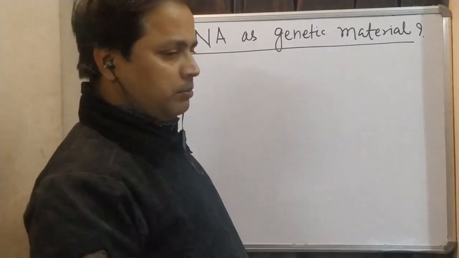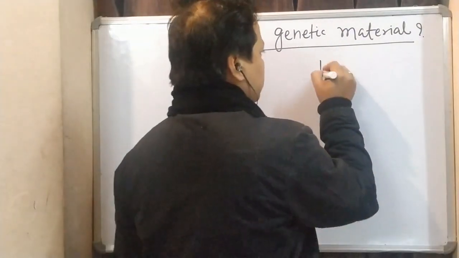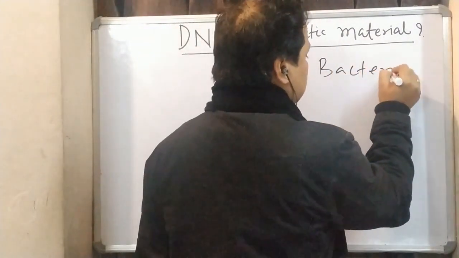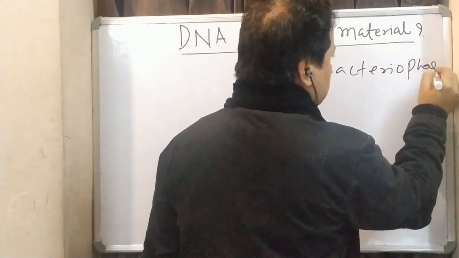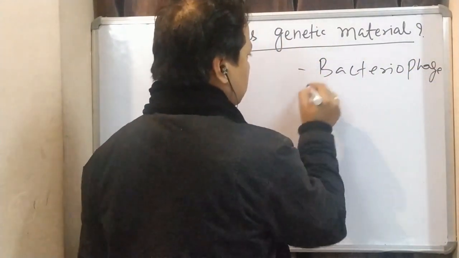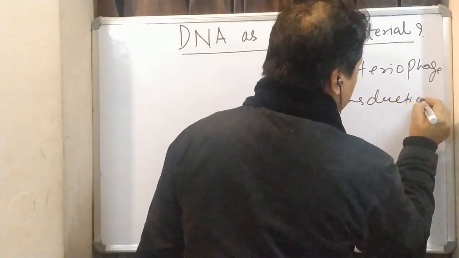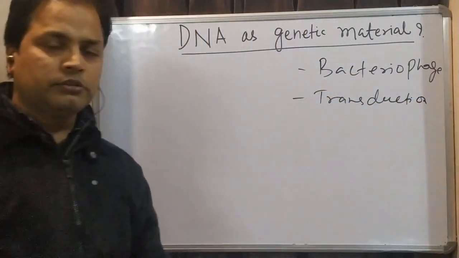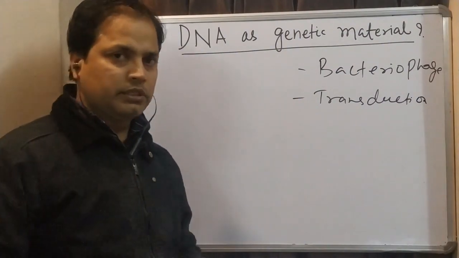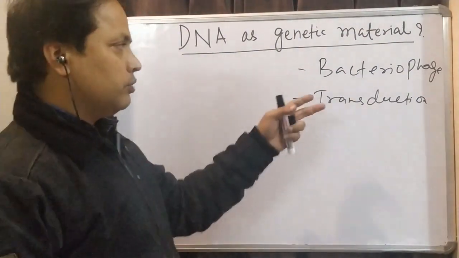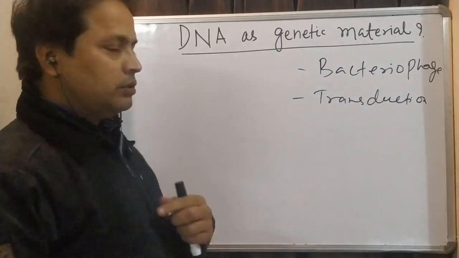In their experiment, they used bacteriophage, and this experiment was based on the transduction process. So before going to the experiment in detail, we will see what is bacteriophage and what is the transduction process.